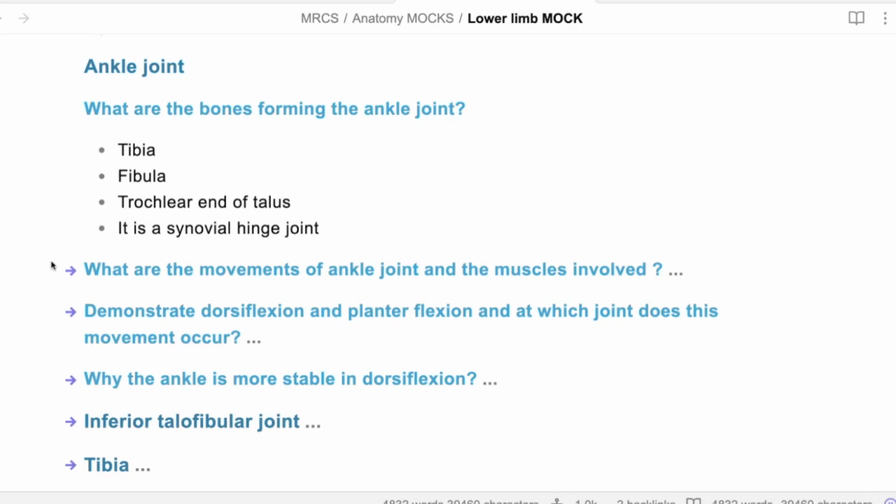And plantar flexion is done by the muscles of the backside, and that are tibialis posterior, flexor hallucis longus, flexor digitorum longus, gastrocnemius, soleus, and plantaris.